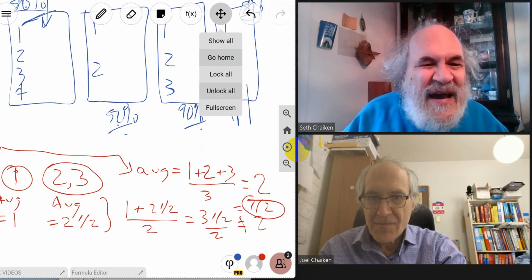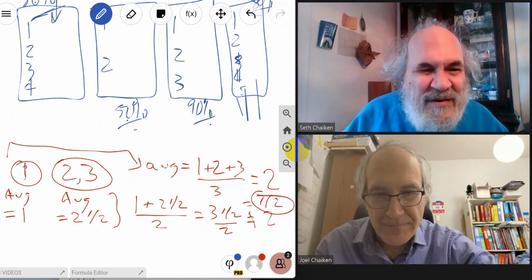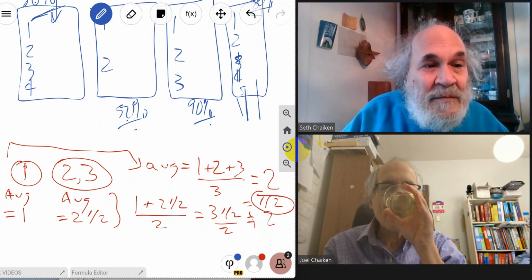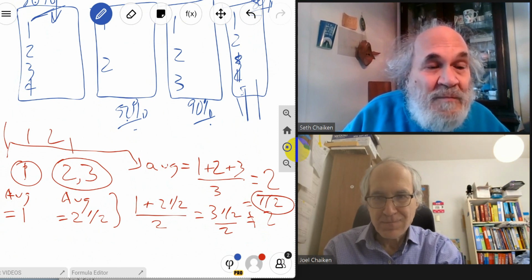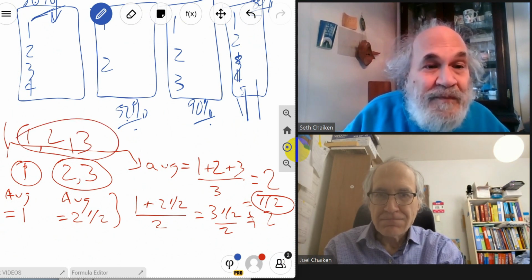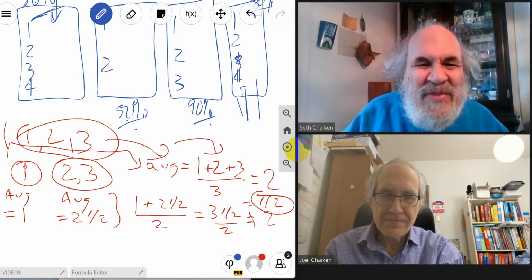The average of the averages is 7/2. But if we combine 1, 2, and 3 together, the average of that is (1 plus 2 plus 3) divided by 3, which is 2. And 2 and 7/2 are not the same.